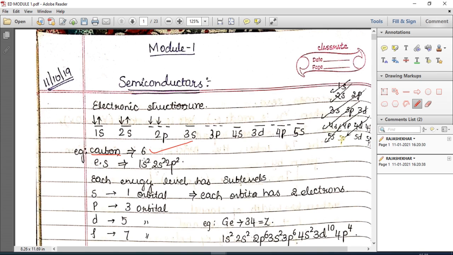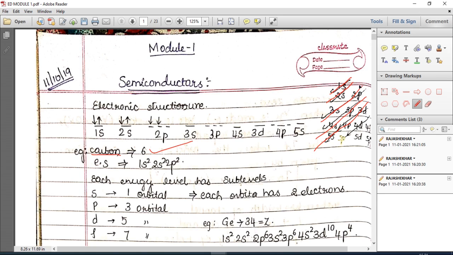So how does it start? 6 represents the number of electrons present in that atomic structure. First we will start with 1s, next 2s, then 2p, 3s, then 3p, 4s, then 3d, 4p, 5s. Like this we will write, this is the procedure to write the electronic structure.